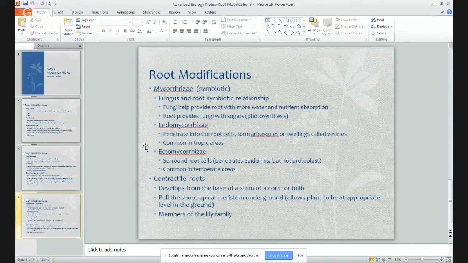Basically, what the fungus mycorrhizae does for the plant is it helps that root absorb more nutrients and water. And then the fungi gets some nutrients in the form of sugars from the photosynthesis that the plant goes through.